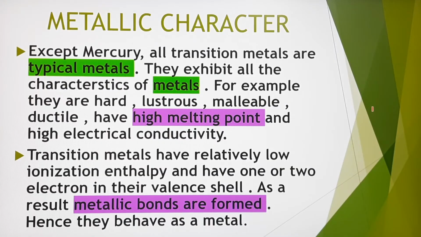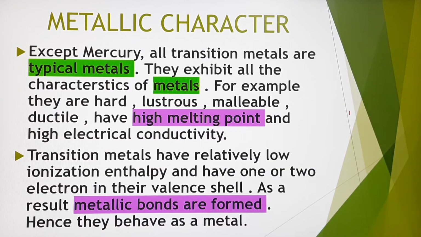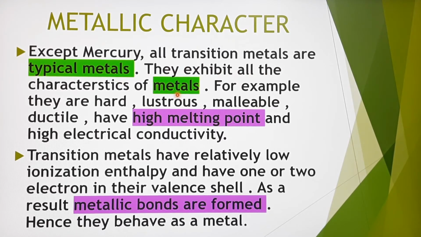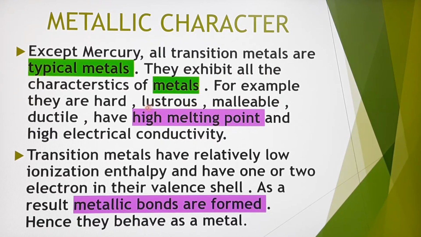Next property is metallic character. All the transition metals are typical metals, means they exhibit all the characteristics of metals. For example, they are hard, lustrous, malleable, ductile and have high melting point and high electrical conductivity.